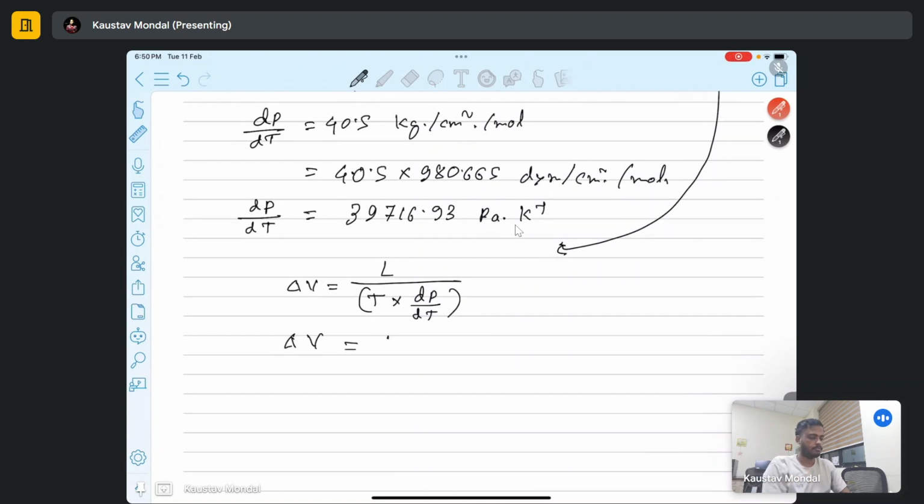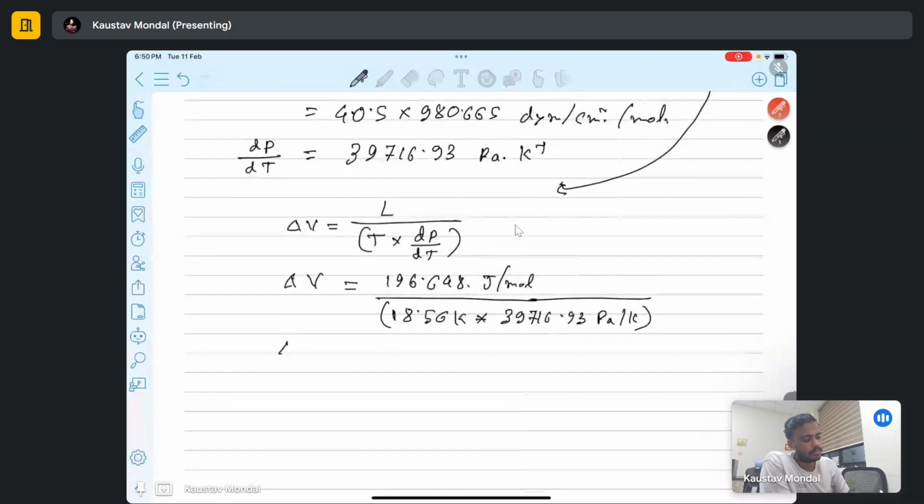So L is 196.648 joule per mole. Next comes the temperature, that is 18.56 Kelvin, into dP/dT, which is already 39716.93 Pascal per Kelvin.